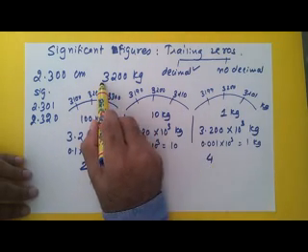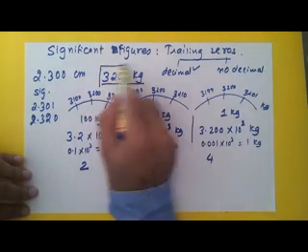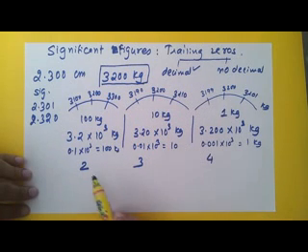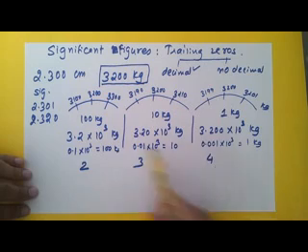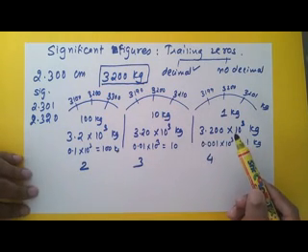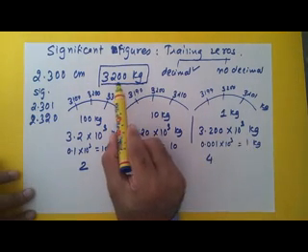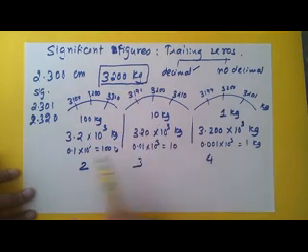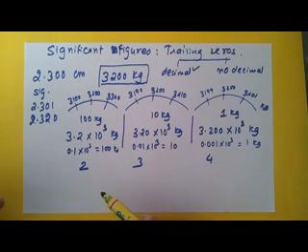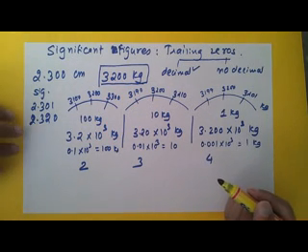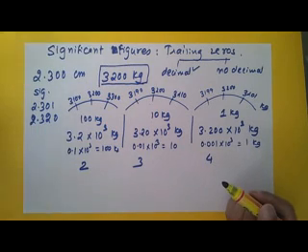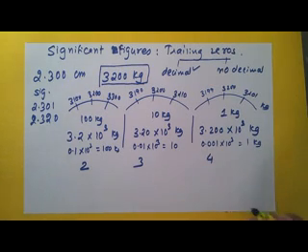So if somebody gives us this particular value of mass, 3,200 kg, there is a possibility that the number of significant digits could be 2, 3, or 4, depending upon the accuracy level with which it has been measured. So it is always good that whenever we have trailing zeros in a number, we represent it in scientific notation so that we are able to communicate the accuracy with which the measurement has been made, and then we are able to identify exactly the number of significant figures.